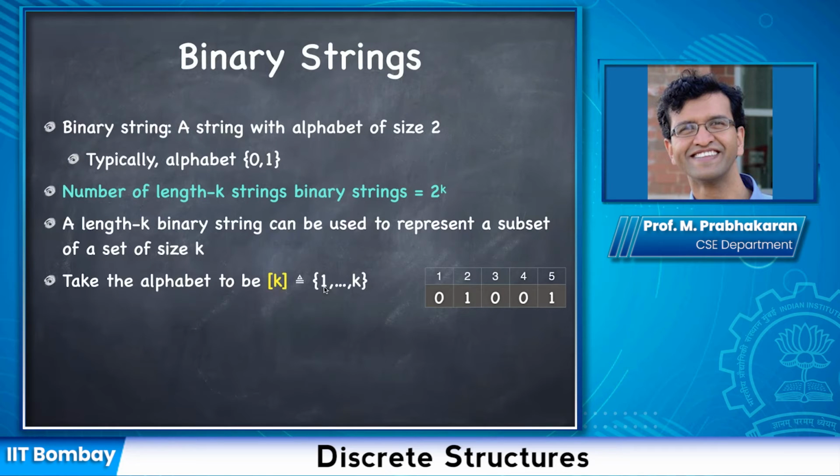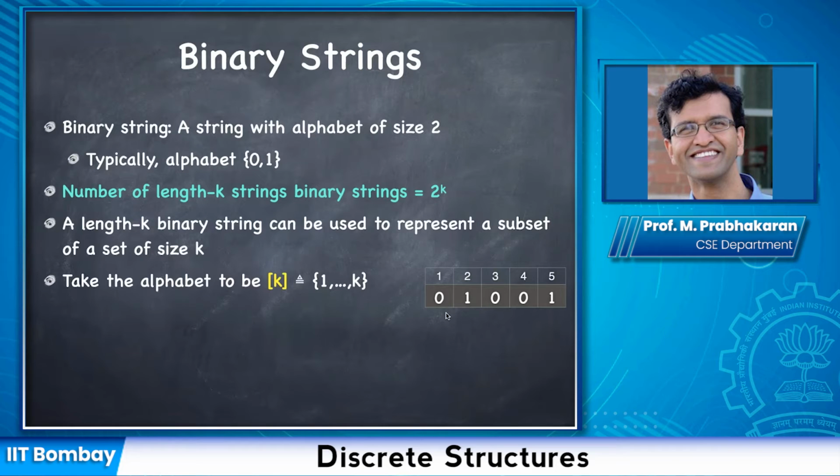So that is just notation for the first k integers. And remember here I'm starting from positive integers, I'm starting counting from 1. And you could think of this string here as actually, so we saw the string is mapping k to 0, 1, right? This set k here to the set 0, 1. But you could also think of it as telling you of a subset of k.